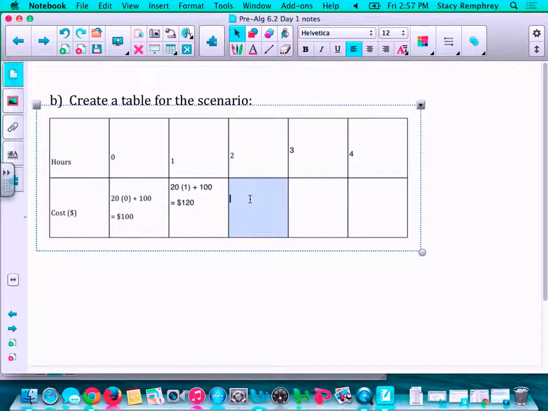Over here, 20 times 2 plus 100. 20 times 2 is 40, and 40 plus 100 is $140. You'll see, we did these before, guys. This is plugging numbers into an xy equation. We're still doing that.